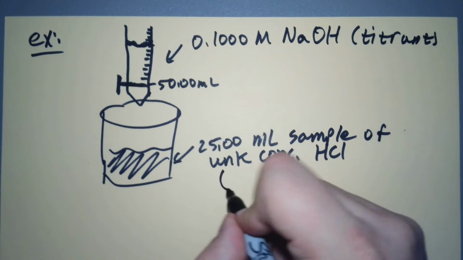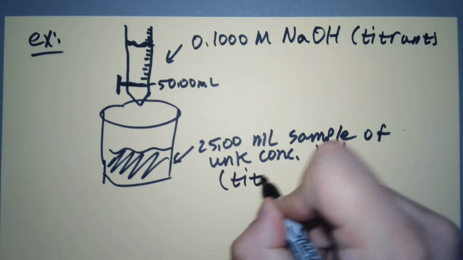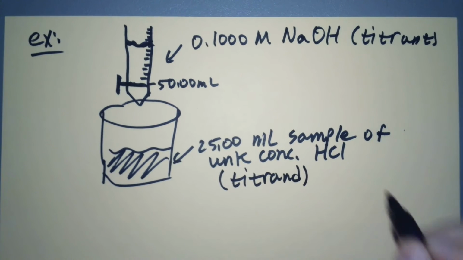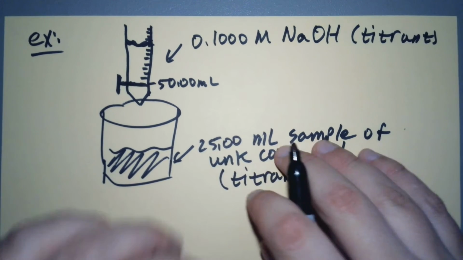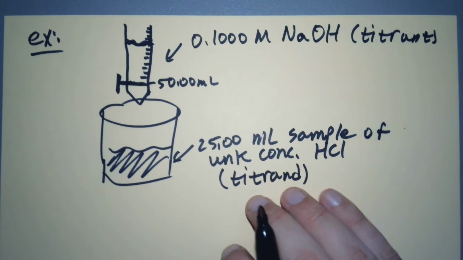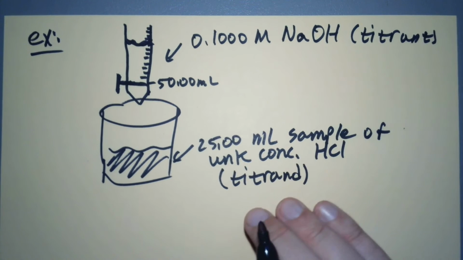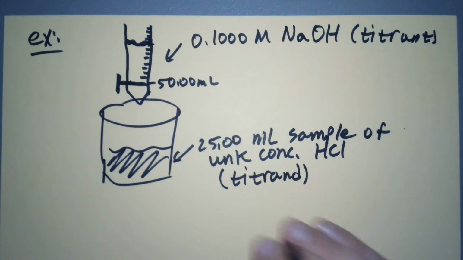Now sometimes the sample is called a titrand. I don't like to use that term because it's really hard to differentiate, so I'm just always going to call it sample, but be aware if you ever see that language. Titrant, titrand. The problem is if I get lazy and just say titrand, they sound too similar. Alright, and then we use, say, a phenolphthalein indicator.